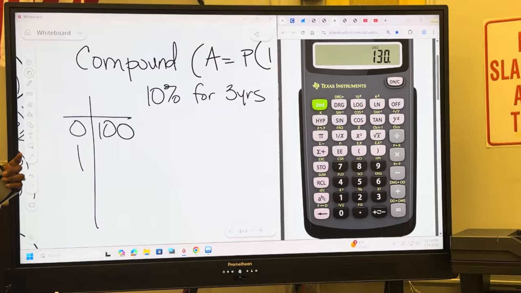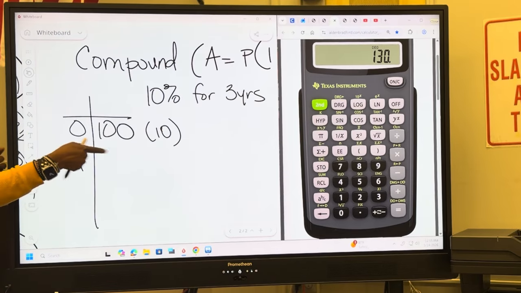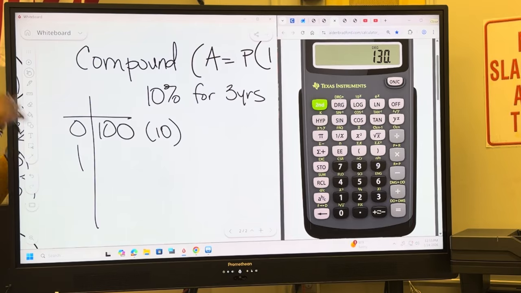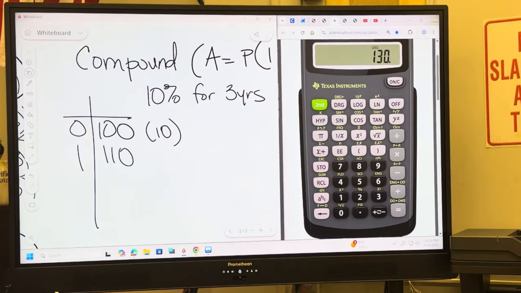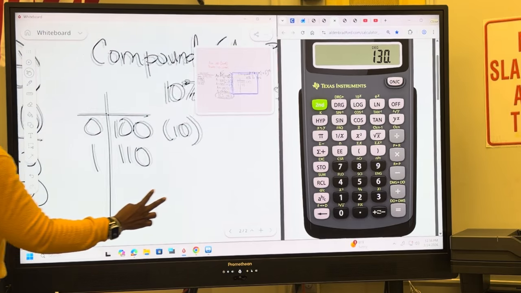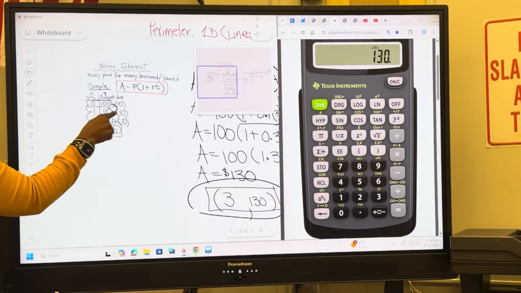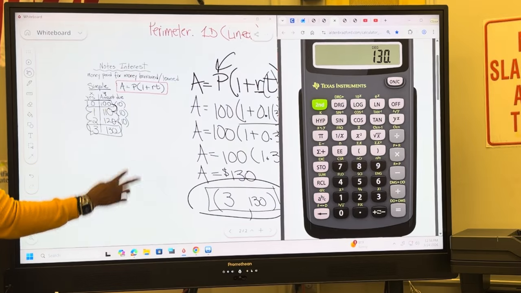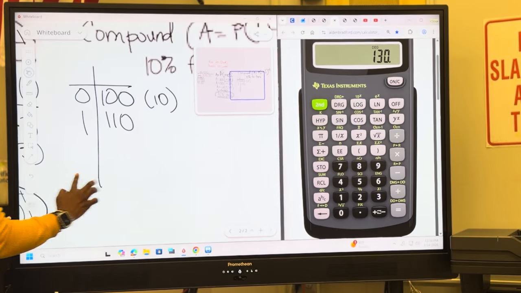Come on, we already figured it out. 10. So that means at the end of year 1, he owes me what? $110. Everybody agree? Yes. Is this the same or different from Aiden? Same. At the end of year one, 110. Right? No difference.